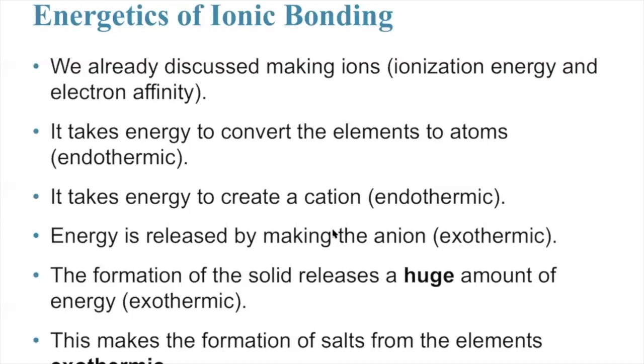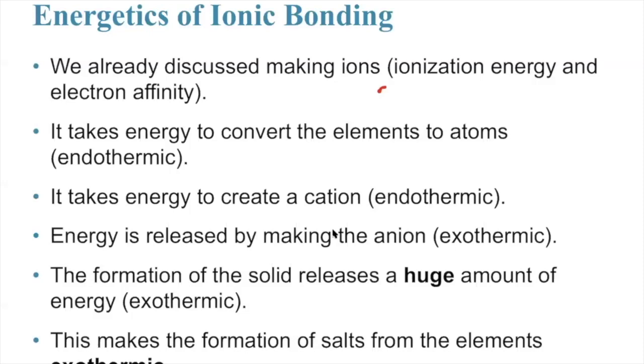You want to remember a couple of things. When you're making something like an ion, like sodium chloride, you're going to have ionization energy and electron affinity involved. It takes energy to convert the elements to atoms.